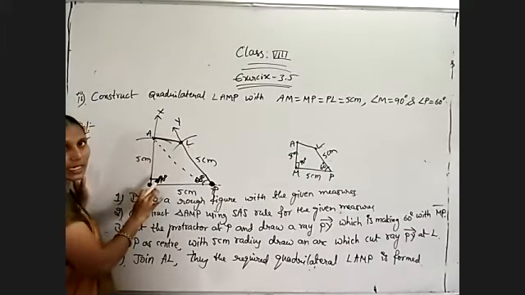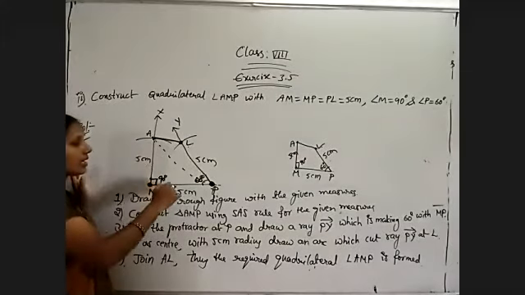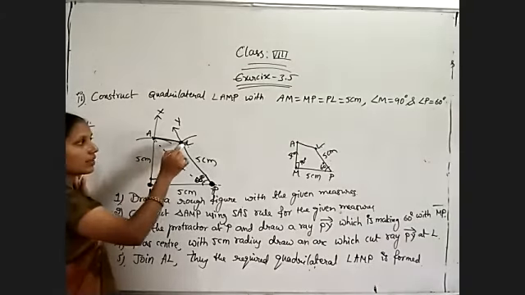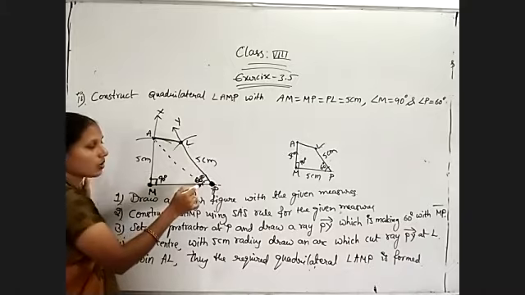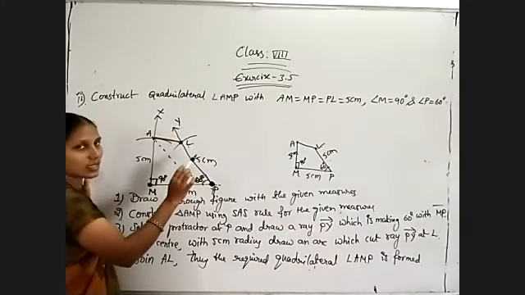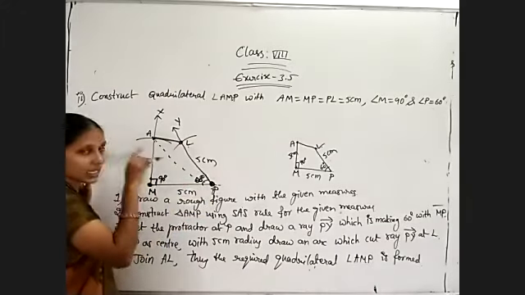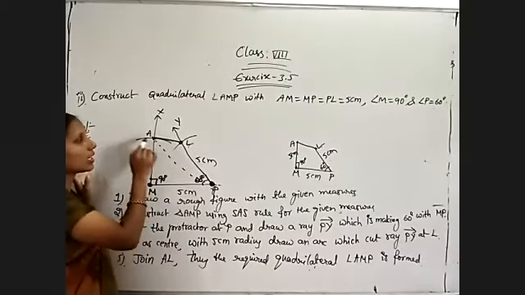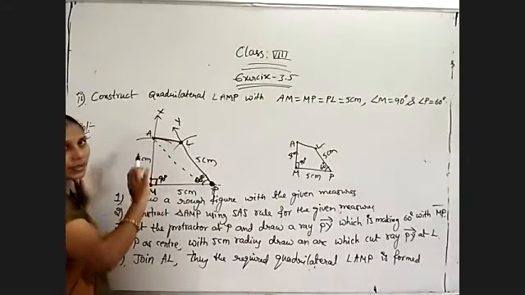Wherever you have constructed the angle, that side only you must take, so that we will get the triangle by using the side angle side criterion. After that, we need the fourth vertex, for which the remaining two measurements, angle and side, are used. Construct the angle using the protractor. Then, wherever you constructed the angle, take that as the center with the radius and cut the ray. So you will get the fourth vertex. Join the third and fourth vertices so that you will get the quadrilateral LAMP.